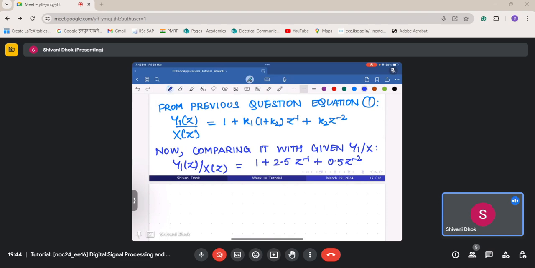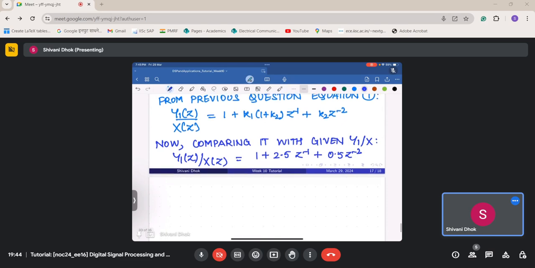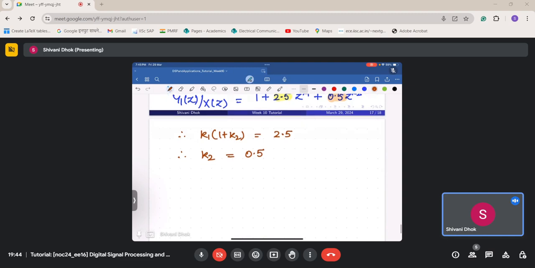So if I compare it with the standard equation which we had obtained in the previous question, we have k1 into 1 plus k2 equal to 2.5, and k2 is equal to 0.5. So we have the value of k2, and now we'll substitute this value of k2 here.